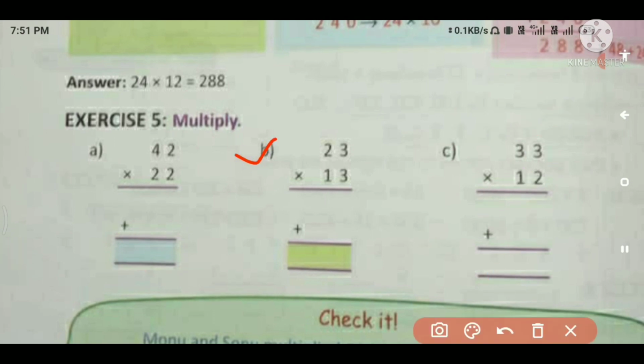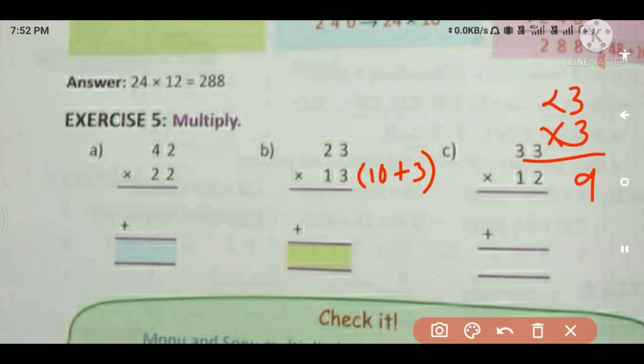So 23 multiplied by 13. So 13 we can write it like 10 plus 3, right? So now we'll multiply first of all 23 with 3, and then we'll multiply it with 10. So 23 into 3, it will be how much? 3 3s are 9, 3 2s are 6.